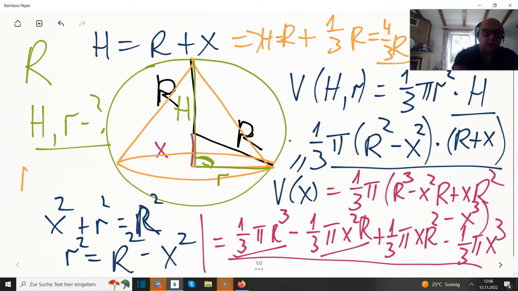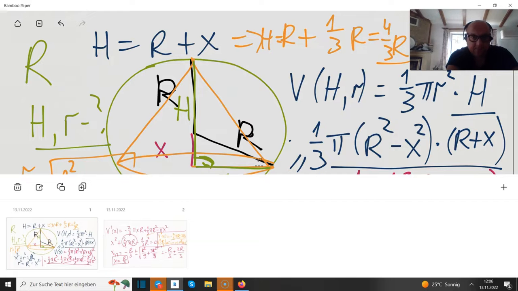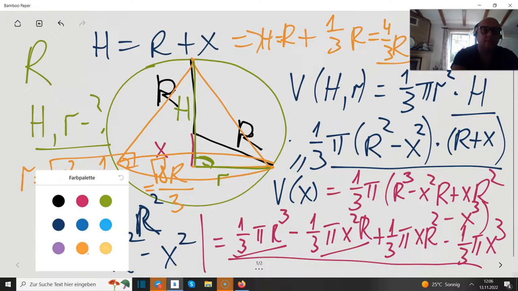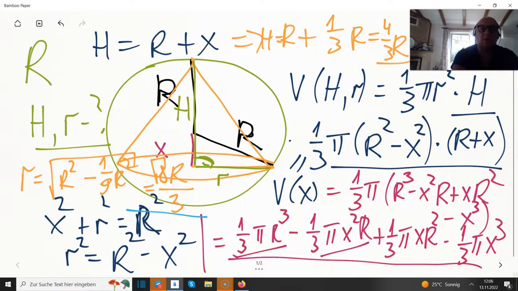Well, you see, small r would be the square root of R squared minus x squared, but since x is a third of R, we're going to get 1 divided by 9 of R squared. So this is R square root of 8 divided by 3. This is the radius of the cone, and this is its height.